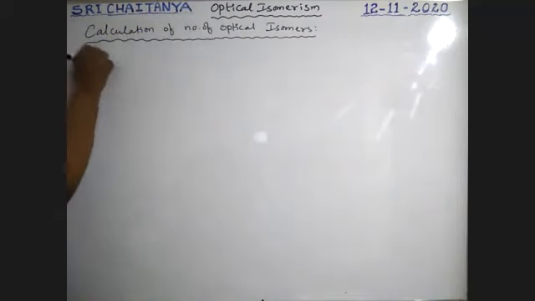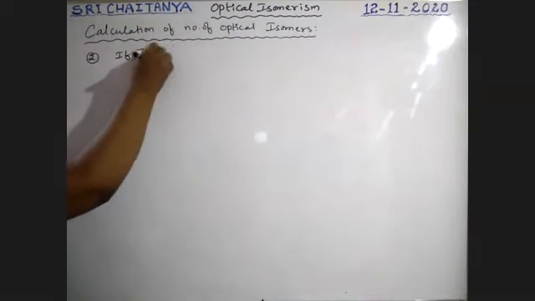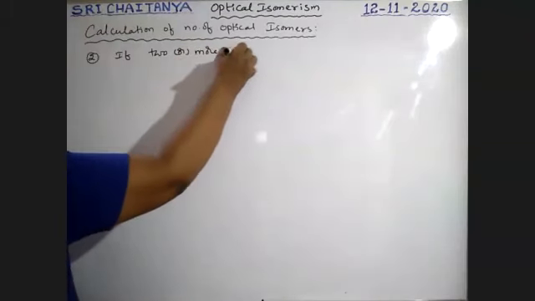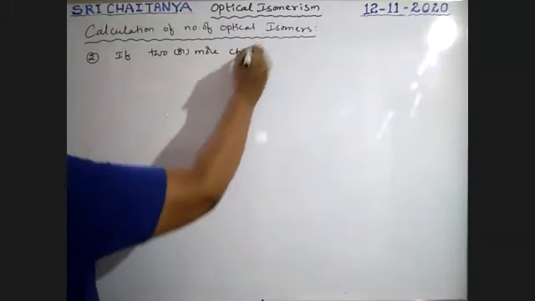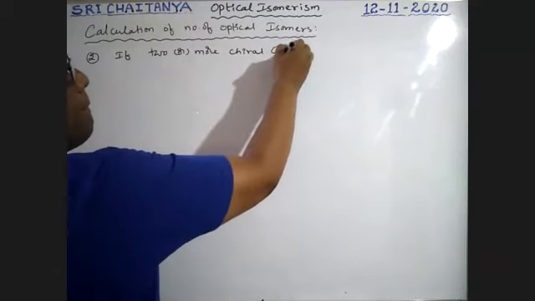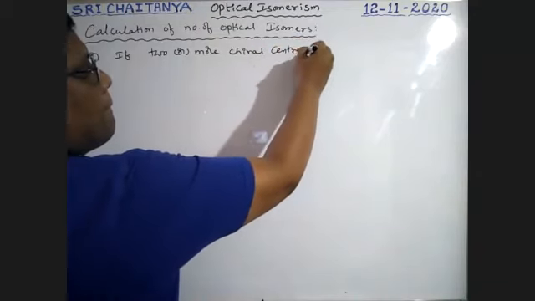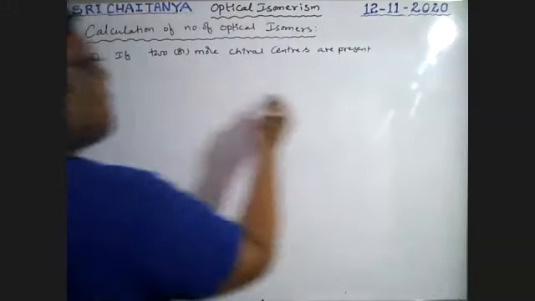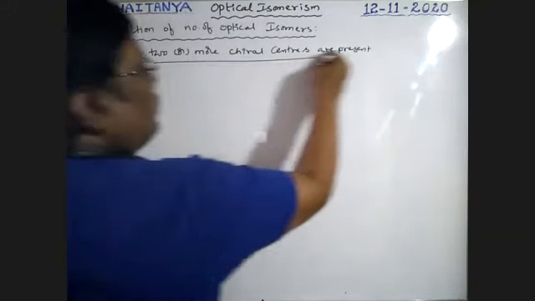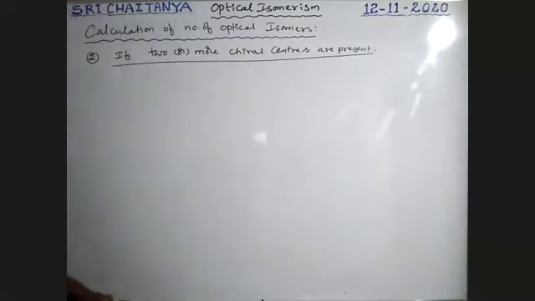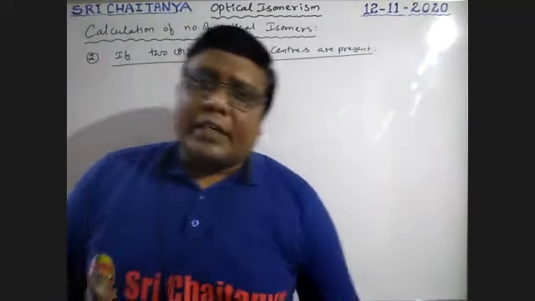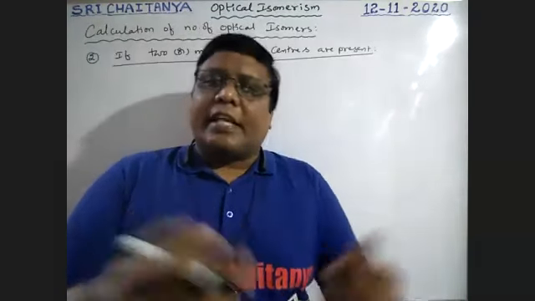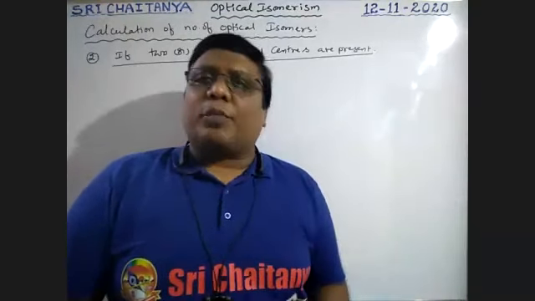Second condition: if 2 or more chiral centers are present. So more than one chiral center is there. Here, symmetric condition and asymmetric condition, just like your geometrical isomers, are possible here also, boys.